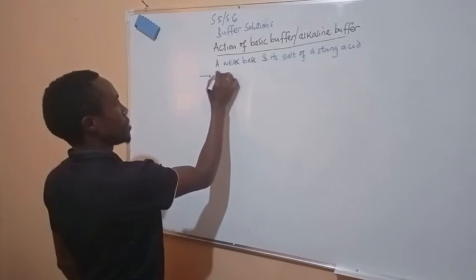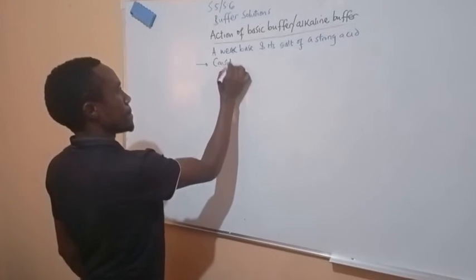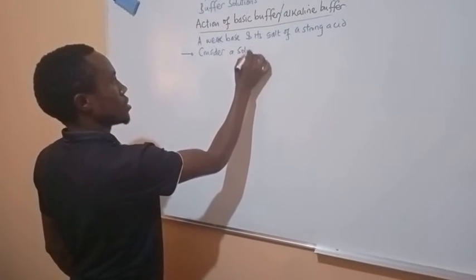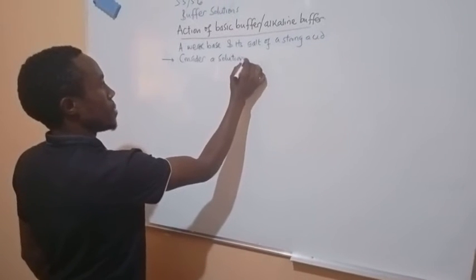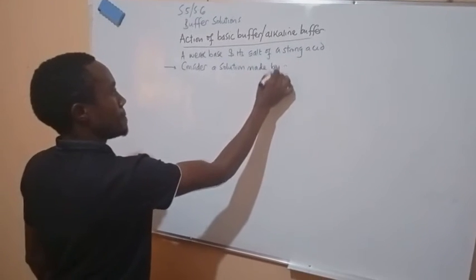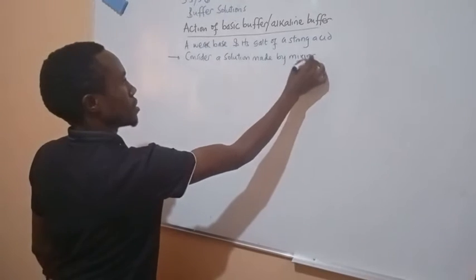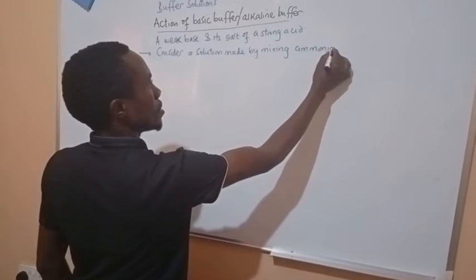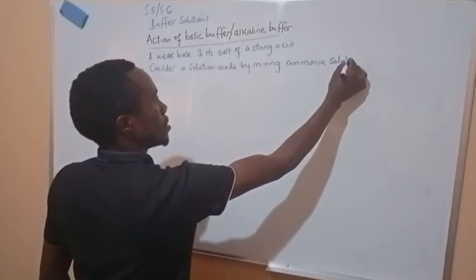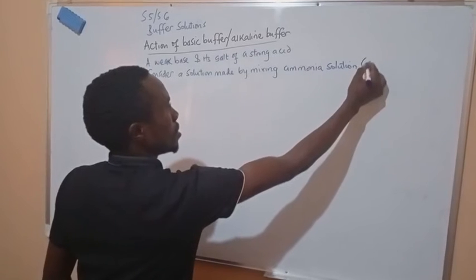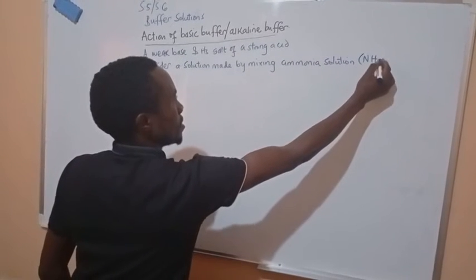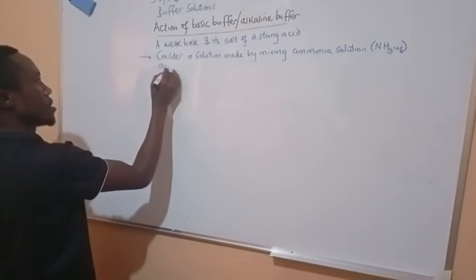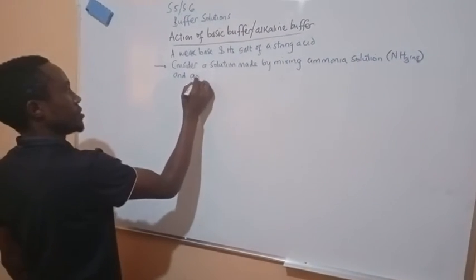So my first point would be: consider a solution made by mixing ammonia solution, which I write as NH3, and ammonium chloride.